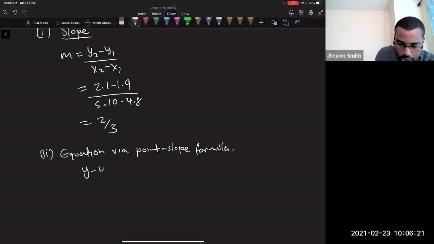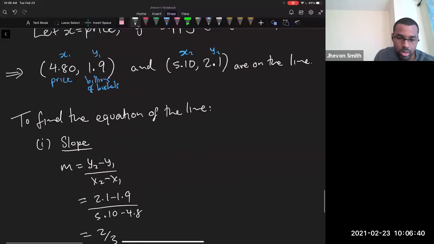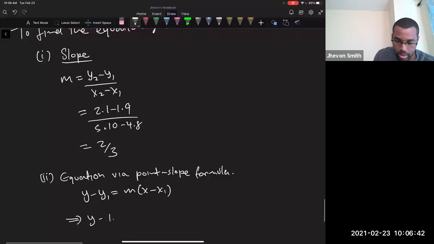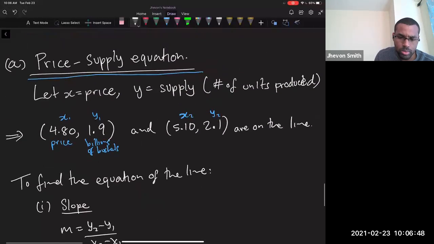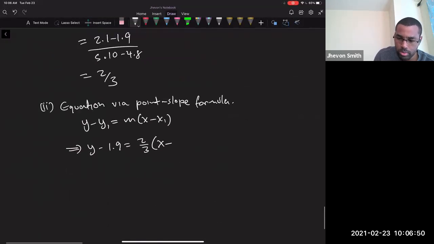So that's y minus y1 equals m times x minus x1. Now the x1 and y1 just represent an arbitrary point, so I could actually choose x2 and y2 here. That's not the point. So what I would get here is I can plug in y minus y1, which is 1.9, equals m, which we just found is 2/3, times x minus 4.8.